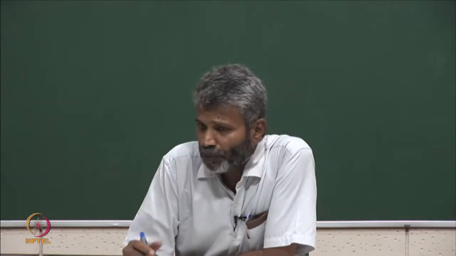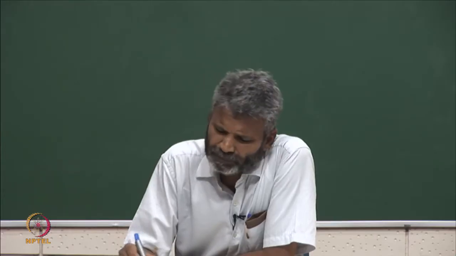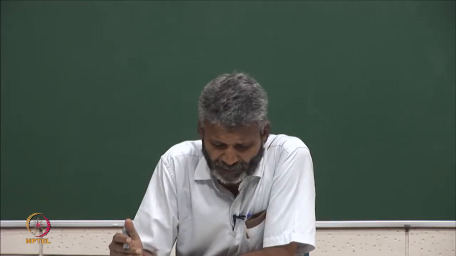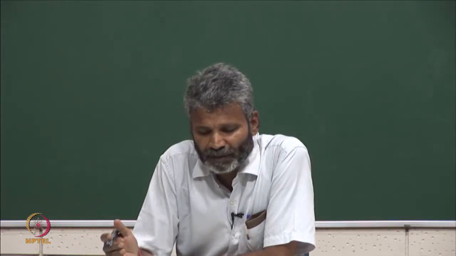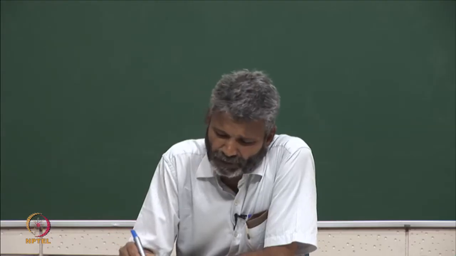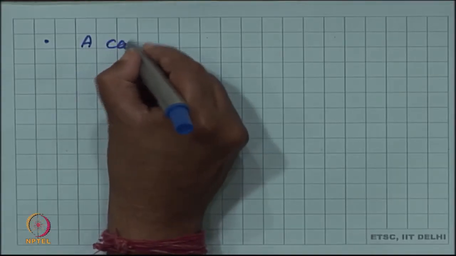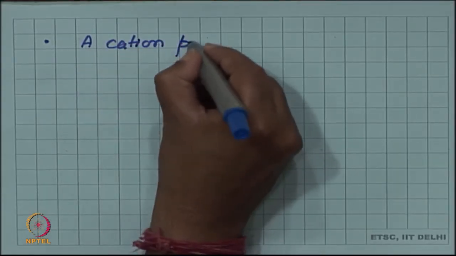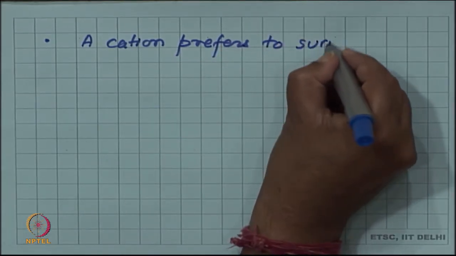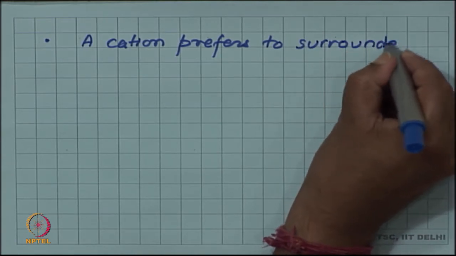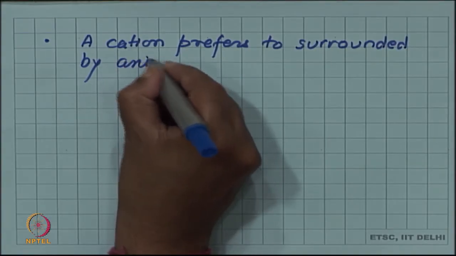Also, it cannot be a totally random packing, because cations will like to be attracted to anions and anions to cations, whereas anion will repel anion and cation will repel cation. So, any given cation prefers to be surrounded by anions.